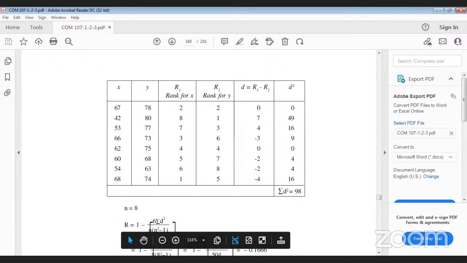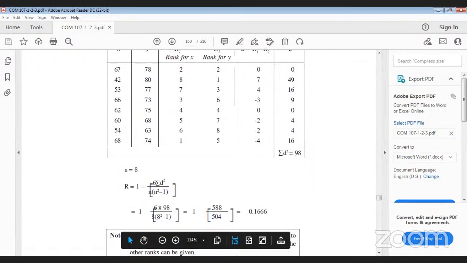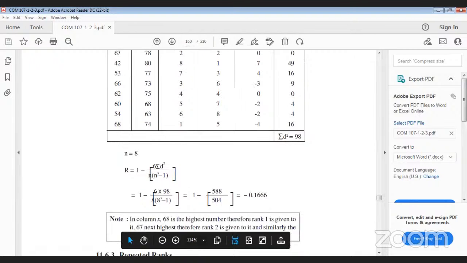Here we can use the formula. Here there are eight numbers. 1 minus, into bracket, 6 summation d square upon n into bracket n square minus 1, bracket complete, also big bracket complete here. Here 1 minus the total of these, 6 into 98 is 588.